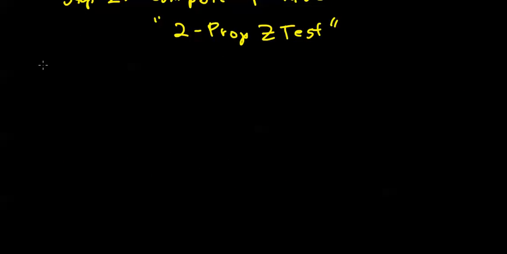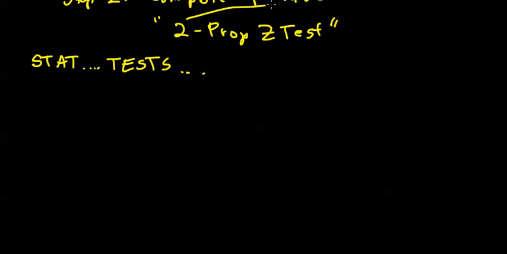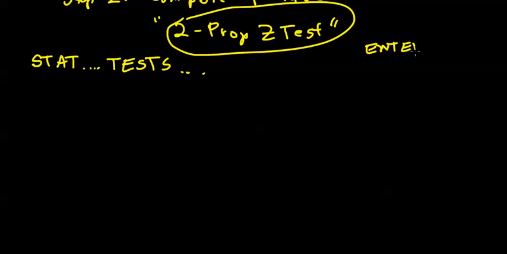To get there, we press our Stat button, highlight and select the Tests sub-option, scroll to select this 2-Prop ZTest command, and hit Enter, and you'll get a screen prompting you for the following information. It should say 2-Prop ZTest on the top of the input screen. It prompts you for some familiar looking things.